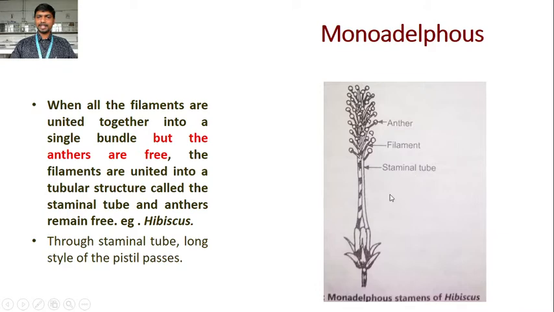This staminal tube is formed by the union or fusion of the filaments, united together into a single bundle. So the condition is monoadelphous, where the anthers are free. Due to the union of the filaments, it forms a tubular structure called the staminal tube, and the anthers remain free. For example, hibiscus.